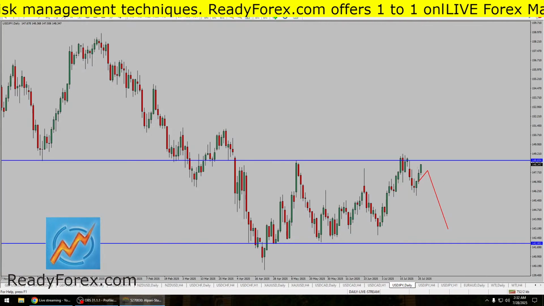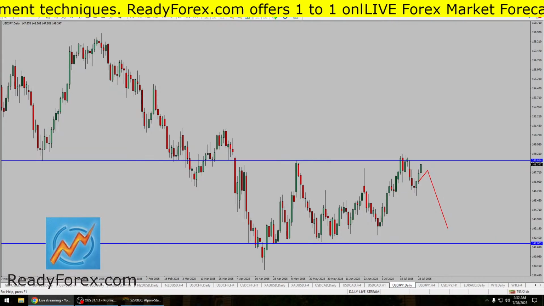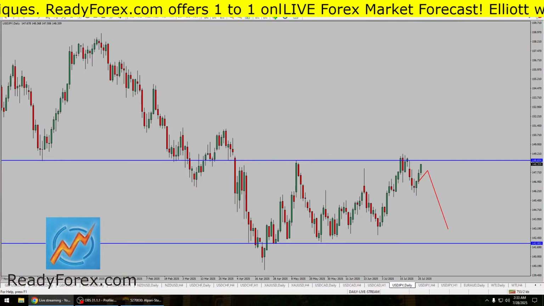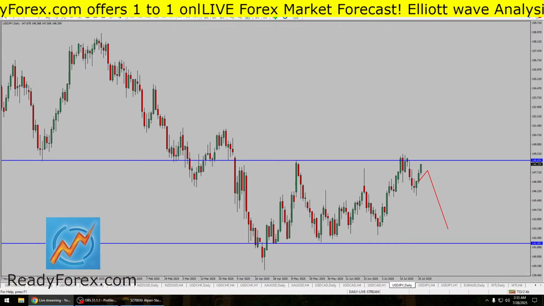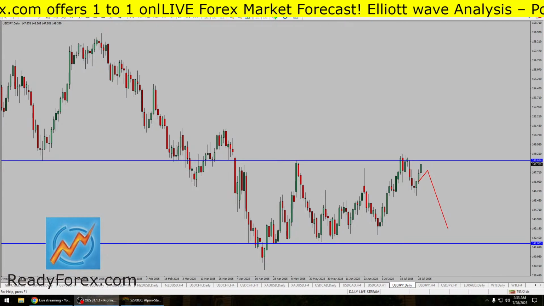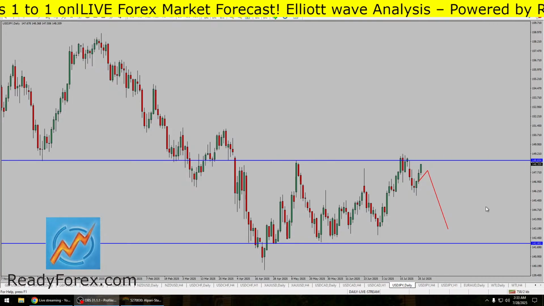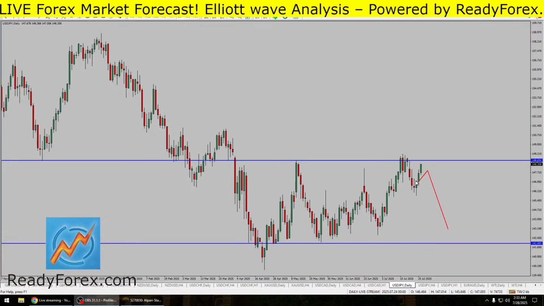However, that would be kind of a surprise for sellers, but it's possible because in the last two trading days we got overall bullish daily time frame candlesticks, so it's quite possible. My forecast is bearish, by the way, in USD yen.